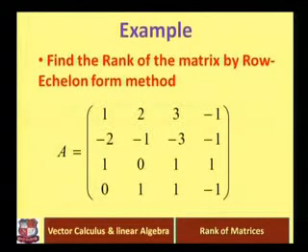Let us take one example. Find the rank of the matrix by the row echelon form method. For that we choose the matrix A equal to 1 2 3 minus 1, minus 2 minus 1 minus 3 minus 1, 1 0 1 1, 0 1 1 minus 1. First of all, we convert this matrix into row echelon form, and after that we will conclude whether the rank is 2, 3 or 1.